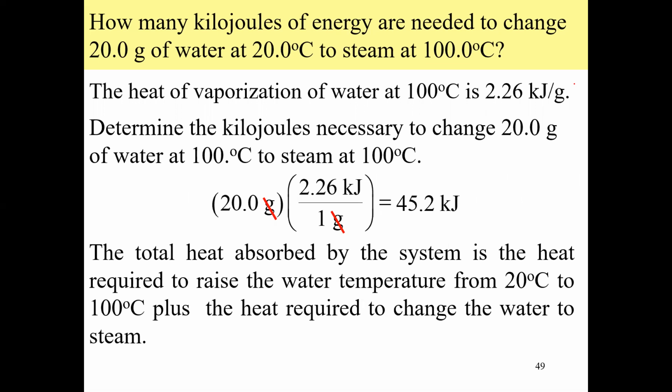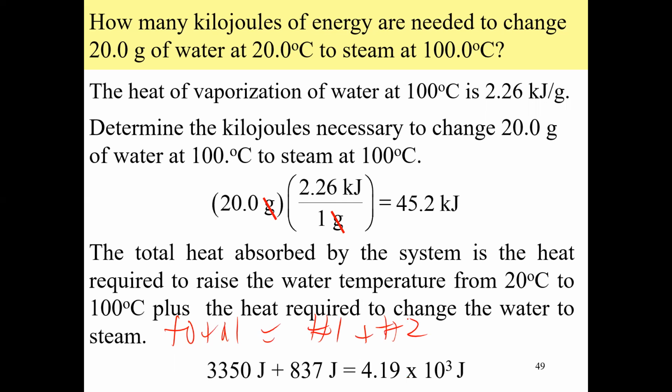So the total is equal to number 1 plus number 2. And that's related to Hess's law too, that basically you've got both those different things. Next week's lab is going to be about Hess's law, but that's in chemical reactions. But in some respects, with these kinds of heating problems, you've got to heat up the water first and then convert it to steam.